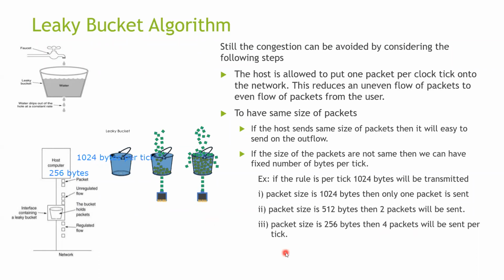So this will avoid further congestion. At the host level we can avoid the congestion, and in the channel we can avoid it by means of an interface containing a leaky bucket. So this is how we can control the packets.